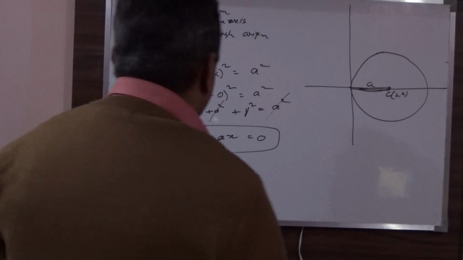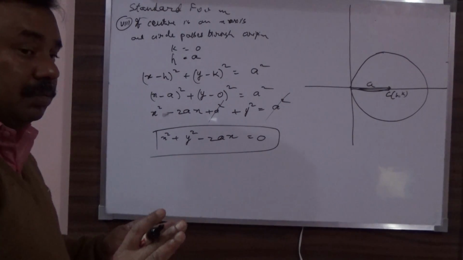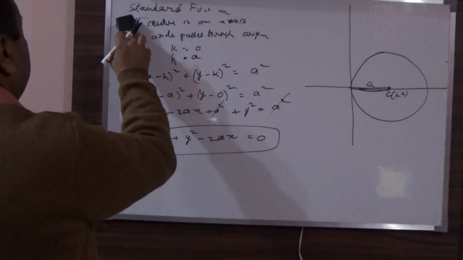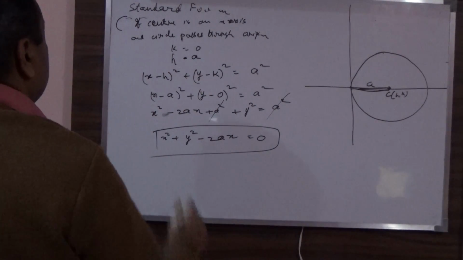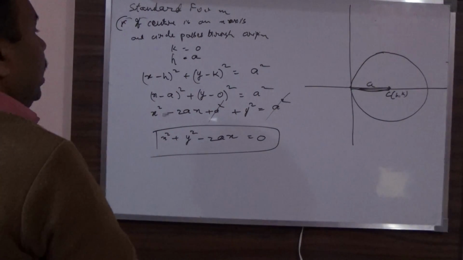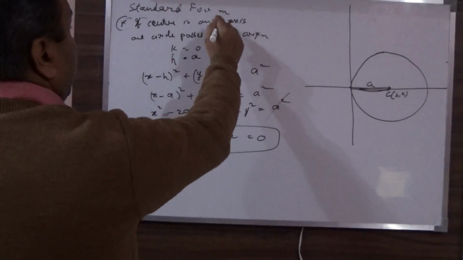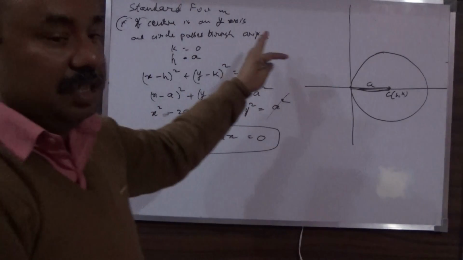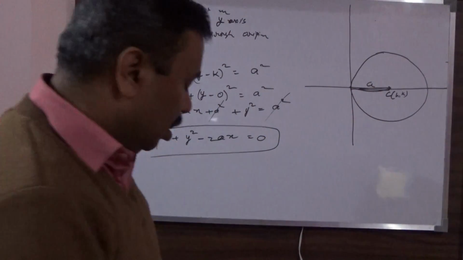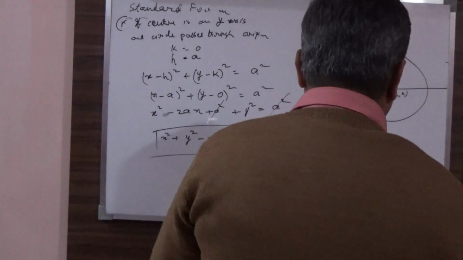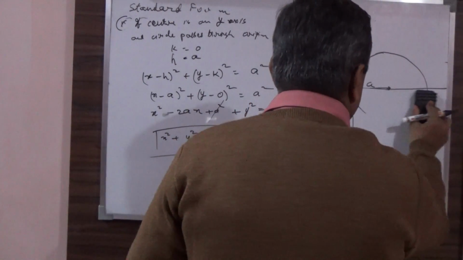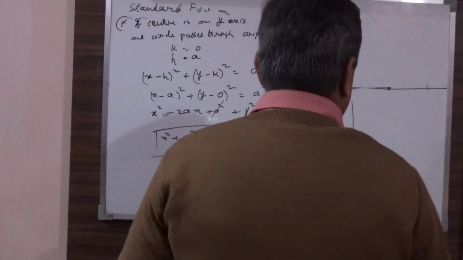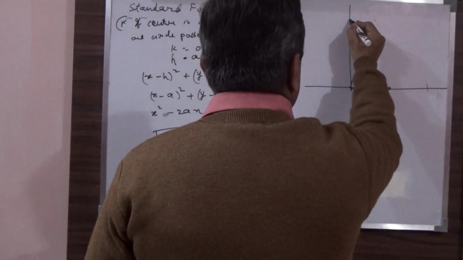Now just another simple part that I would like to leave for your practice. The 9th: the center is on the y-axis. Just a little bit of change. The center, instead of being on the x-axis, is on the y-axis. That means the circle is like that.